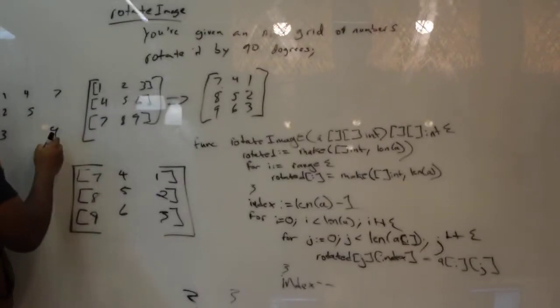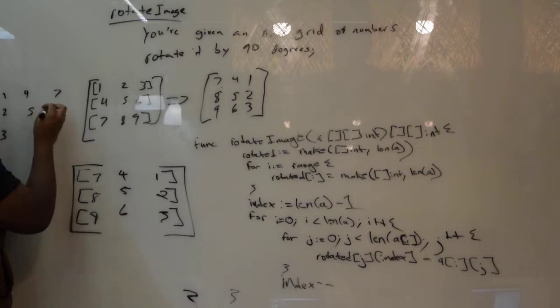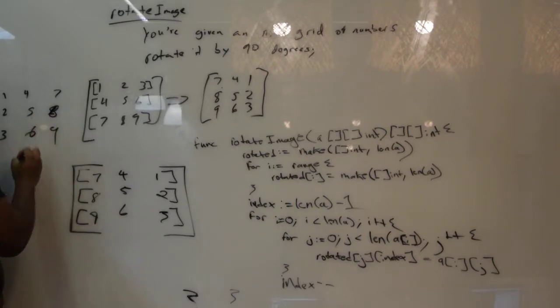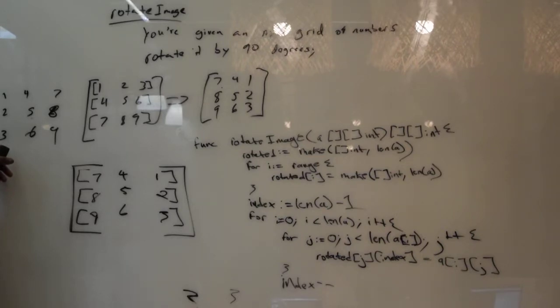The diagonal is always the same. This would be 8. This would be 6. What kind of rotation is this? That's 90 degrees to the left, 270 if you're going the other way. The answer is going to be 270, right?